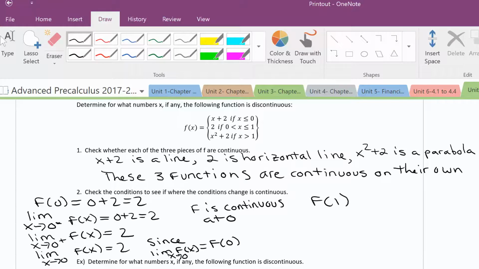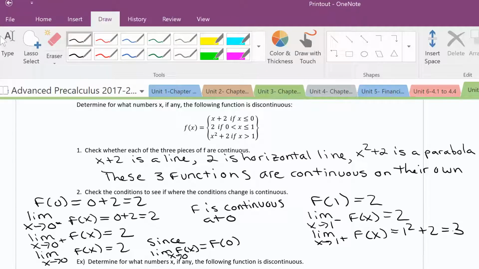So f of 1 is equal to 2. And then we say the limit as x approaches 1 from the left of the function, well, that means we're going to put it in here, and that's equal to 2. The limit as x approaches 1 from the right, that's when it's greater than 1, so that's equal to 1 squared plus 2, which is 3.